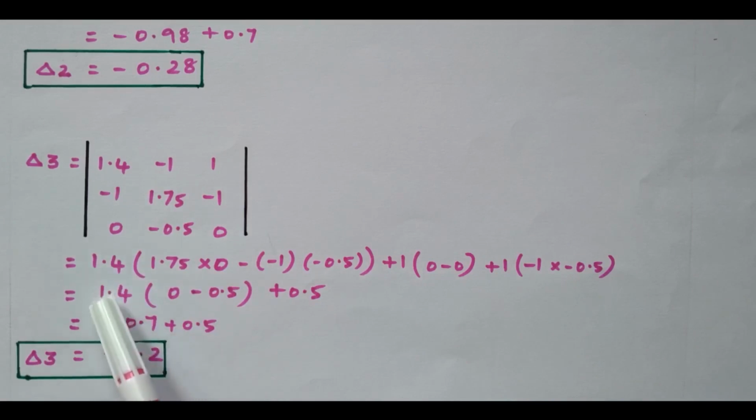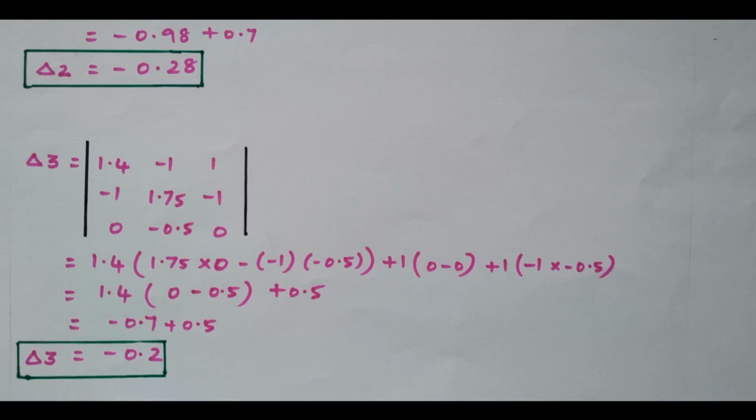So 1.4 this time is 0. Minus 1 into minus 0.5 is 0.5. But one negative already there, so minus 0.5. This time is 0. Minus 1 into minus 0.5 is plus 0.5. So 1.4 into minus 0.5 is minus 0.7 plus 0.5. So it is minus 0.2. Delta 3 also we got negative, minus 0.2.